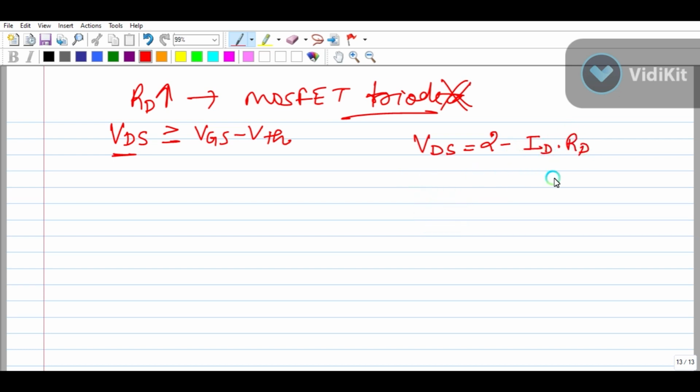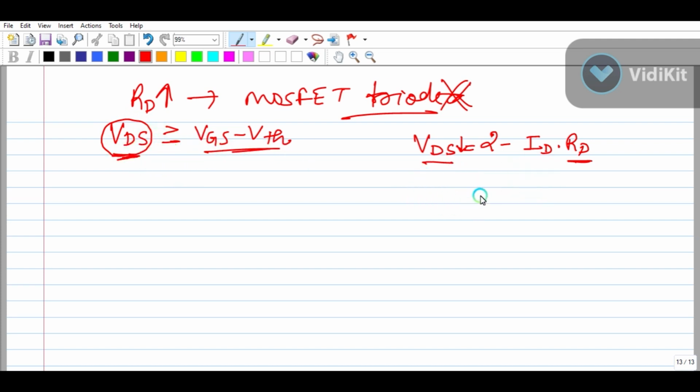So if you are increasing RD, what will happen? This VDS will reduce. If it is reducing, what can happen? Our MOSFET can leave the saturation region.